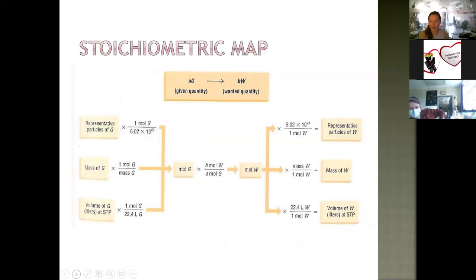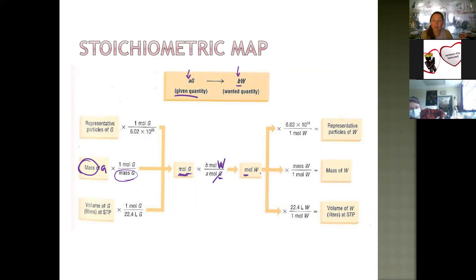So this map is kind of showing us what we just did. We were given grams. Grams is mass. G for given. We're going to take our given and turn it into moles by dividing by the molar mass. Then I'm going to use my mole ratios, the coefficient of my given and the coefficient of my wanted. I have given here, so I'm going to put it on the bottom to make it go away, and flip it into my wanted.